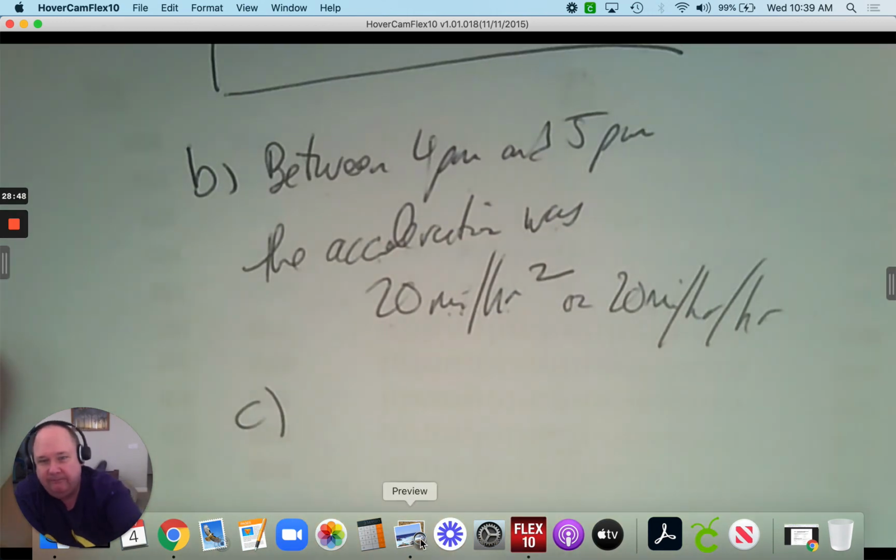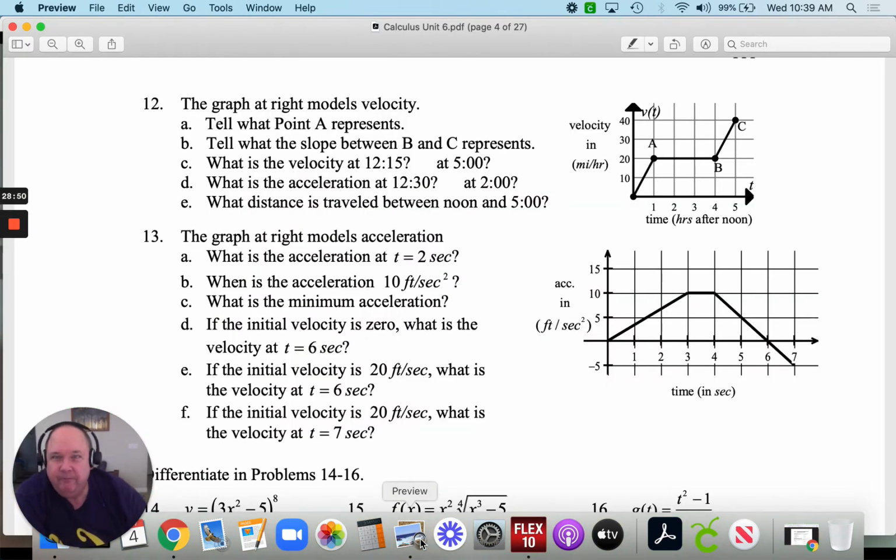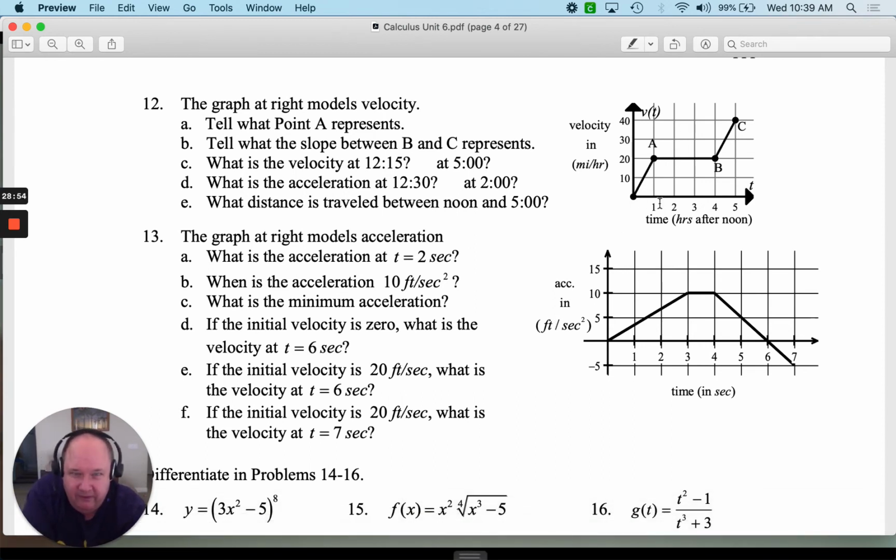Part C. What is the velocity at 12:15? So at 12:15, we're in the middle of this segment here, right? From 0 to 1, 12:15. Now, I'm not going to just go, it kind of looks like. I need to know the equation of that line to be able to answer that. What's the equation of that line?